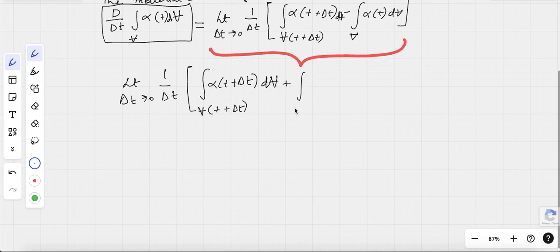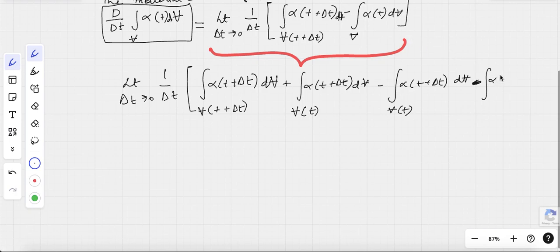We will add a new term. This we are doing for a reason. We'll know in some time. Alpha(t plus delta t) dV, and I'm sorry, this is a minus over here. This minus alpha(t) dV.